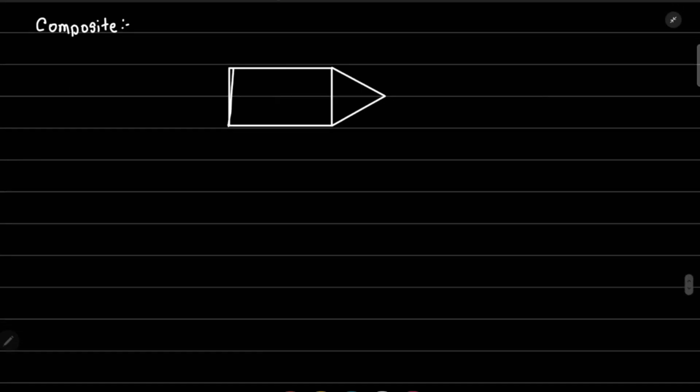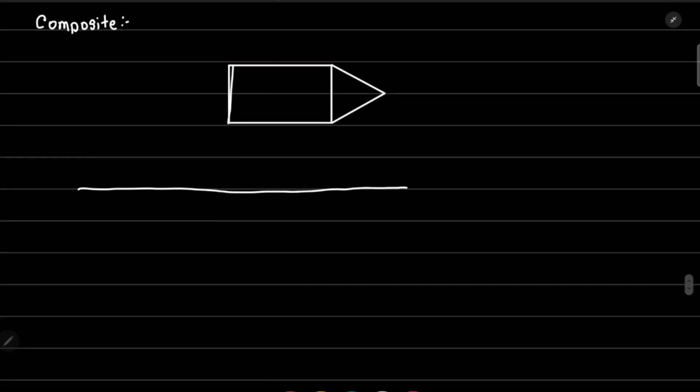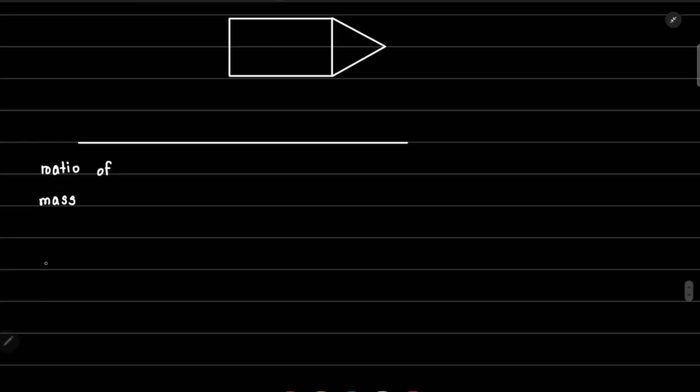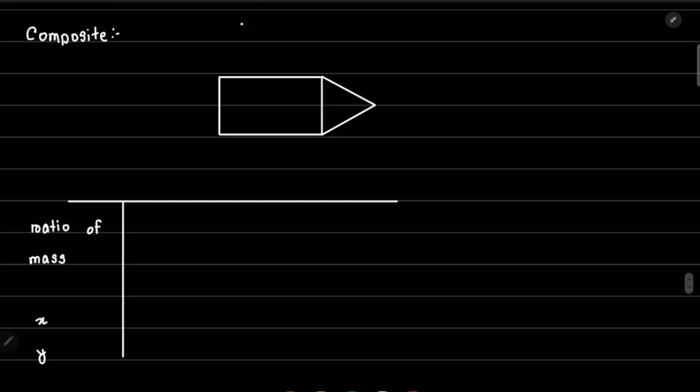In this case, we'll use the table again. Instead of masses, we'll have the ratio of masses. It will depend on the weight per area of the paper. We'll have x and y. The ratio of masses will be equal to the ratio of area. So for the rectangle, this is length into breadth.